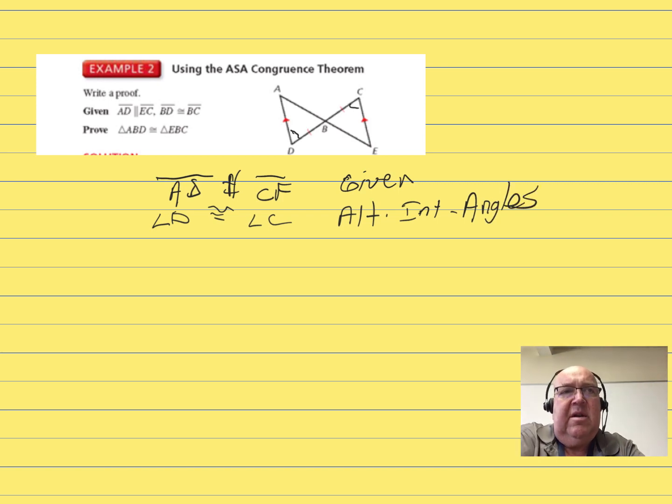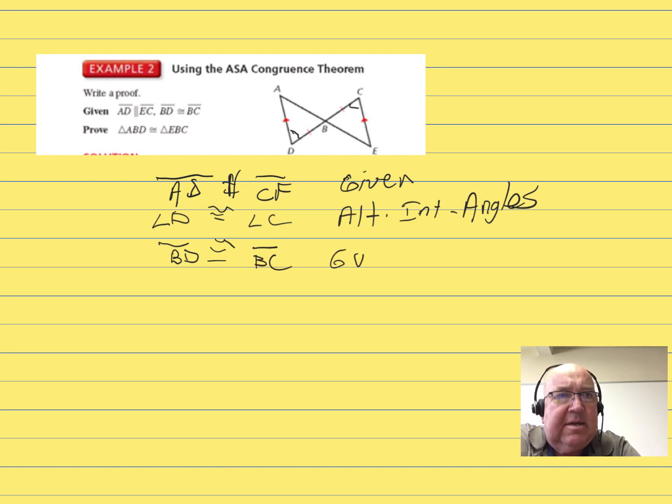Alright, so with that, we know that the segment BD is congruent to segment BC. Again, that was given to us.